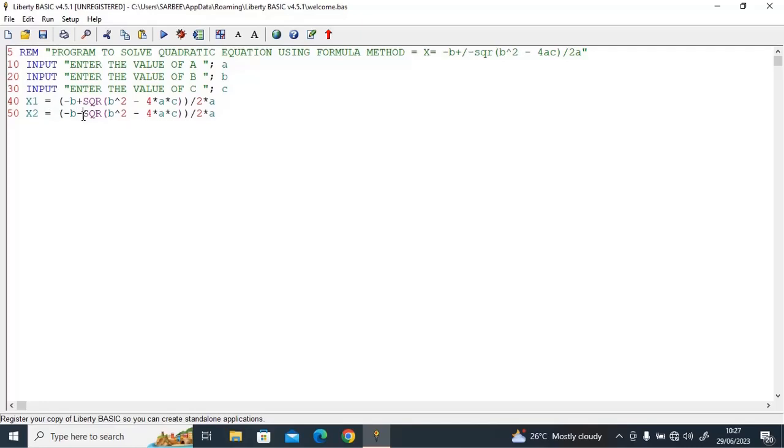That is where the or comes into place. So I can now print, system print my answers, my solution are, semicolon, semicolon. So we have x1 comma x2.